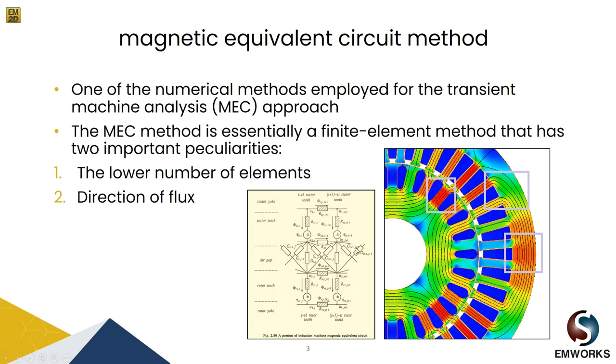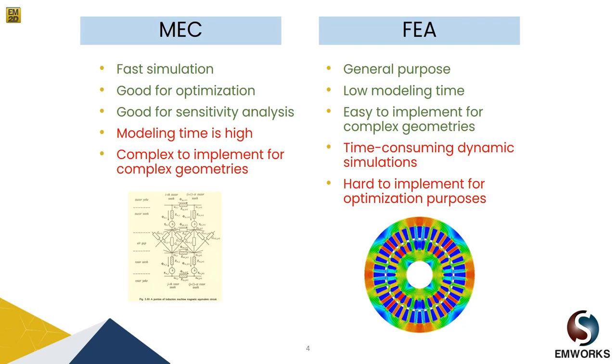And for each specific motor type, you have to develop the corresponding equivalence circuit and solve it, right? So we have these two important differences. These differences between the magnetic equivalence circuit method and finite element method cause some advantages and disadvantages, right?